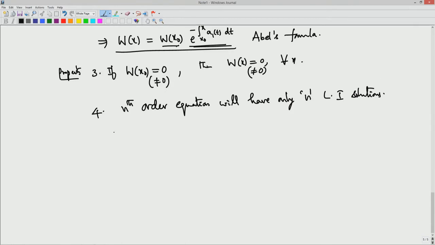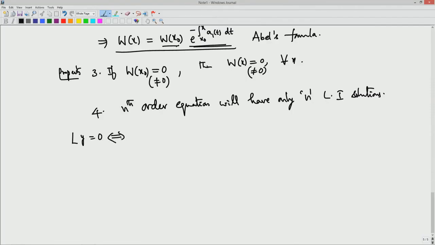So what you do is you consider first your y1, which is a solution. Here again, we have to make use of the existence uniqueness theorem for the nth order differential equation. So let us consider the nth order differential equation Ly equal to 0.